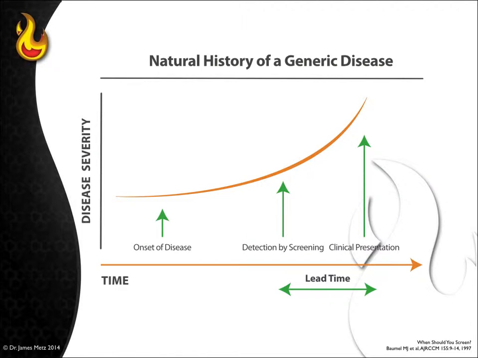So what do we do? This is called the natural history of a generic disease. If you start off down to the onset of the disease, that could be ADHD with a child. As you move into detected by screening, that could be TMD, and clinical presentation of sleep apnea is further down the road. Now this is for any disease, not just sleep apnea.